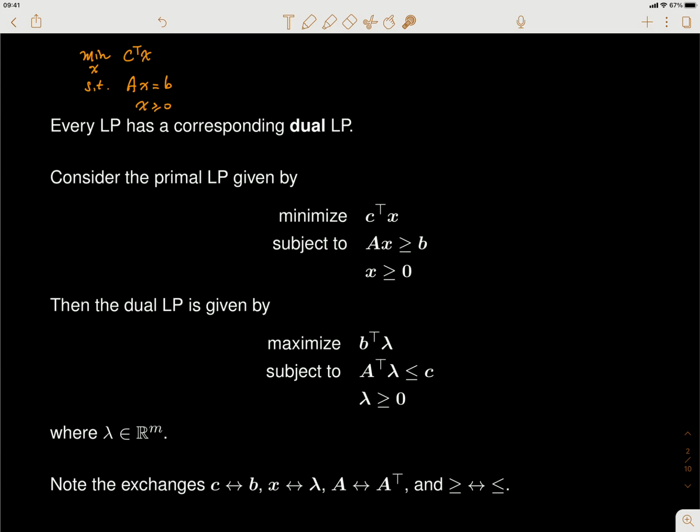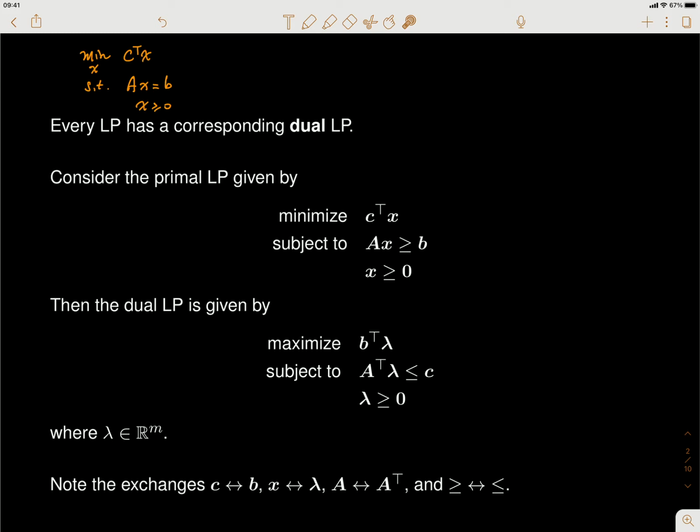Okay, so here the variable we're trying to optimize is lambda instead of x. So x is the primal variable in the primal problem, and this lambda is called the dual variable in this dual problem.